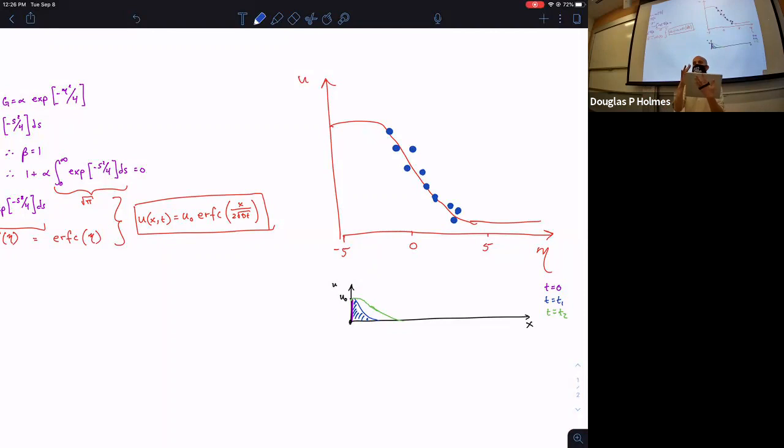They would all collapse. And so what we're finding, the self-similar behavior here, is that my curve, which is saying what the concentration is doing in space at various times, all of those space and time curves will collapse onto one universal space and time curve if I scale my variables properly.